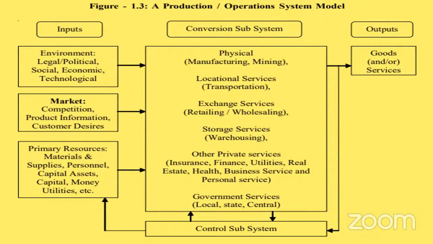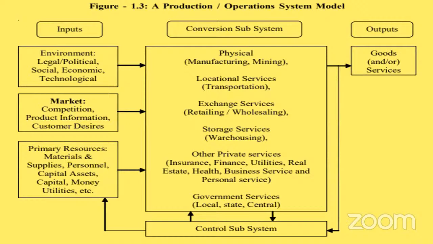In order to make a successful organization or learning organization, every system follows this model. These are the subsystems you have: physical, location services, exchange services, storage services, other private services, government services.